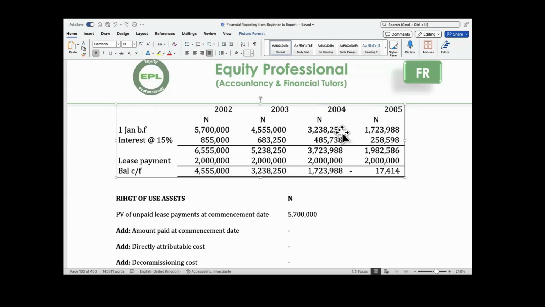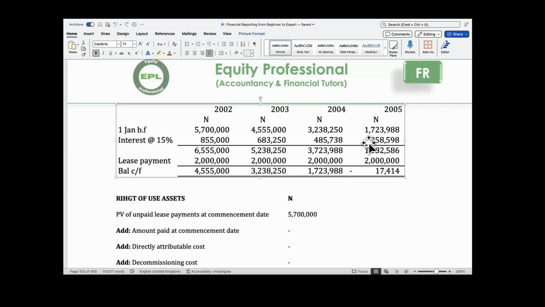Again, you apply your 15% interest on that 3,238,250. You get 485,738. You add the two together, you get 3,723,988. You remove your rent of 2 million, which brings it down to 1,723,988, which you carry to next year.